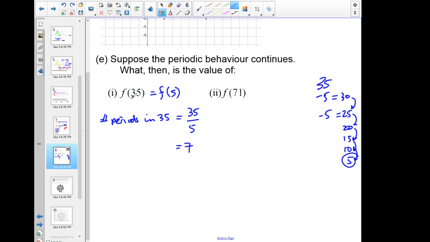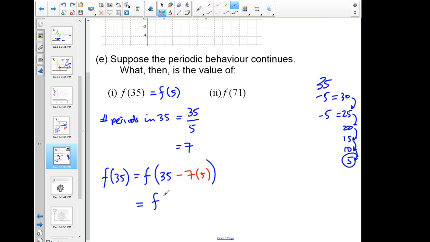So what I can do now is I can say that f of 35 is the same as f of, since I'm on the positive side, I'm going to subtract 7 of those periods from that value because there were 7 periods in here.